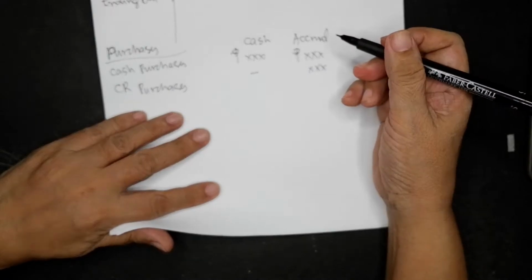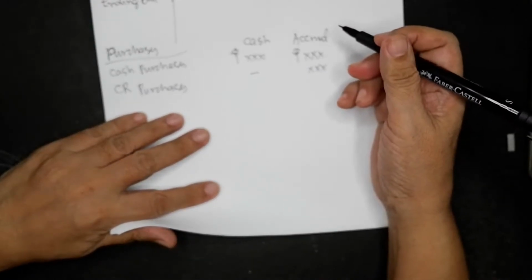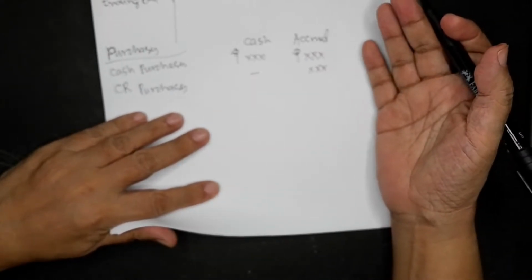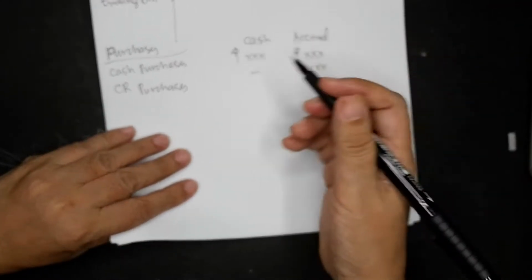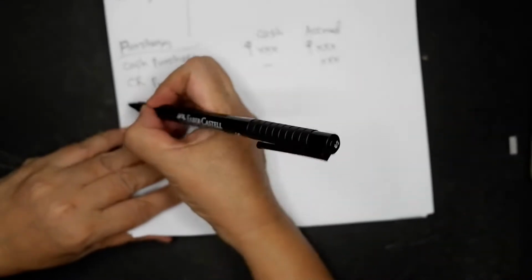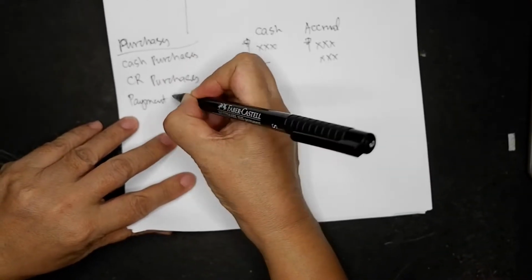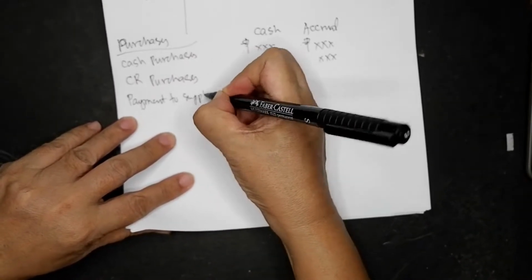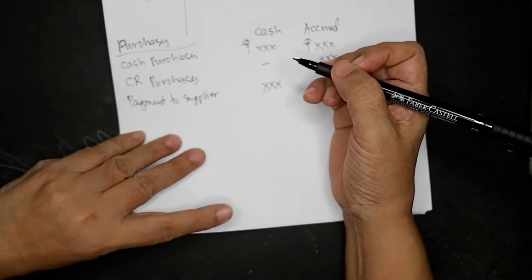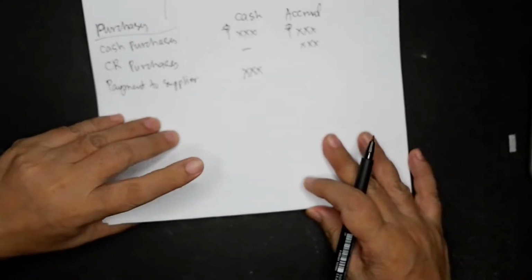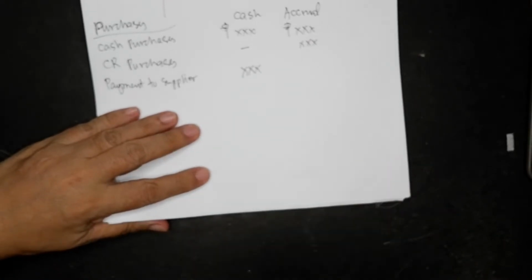Kasi kung kailan natin tinanggap yung purchases, yung merchandise or services, ibig sabihin, it should be recorded on that period. And we have payment to supplier. Payment to supplier, sa cash basis kasama siya kasi pag nagbayad tayo, we're going to prepare an entry.